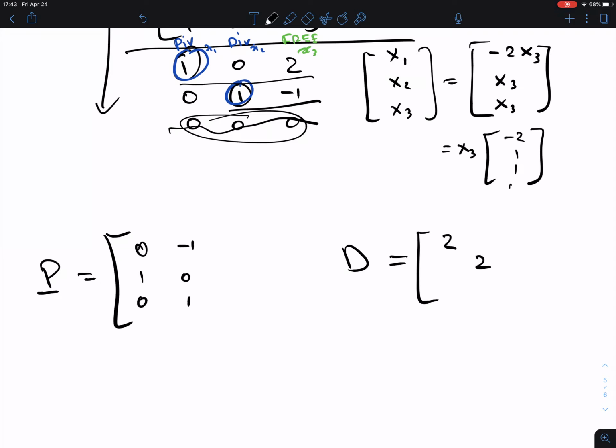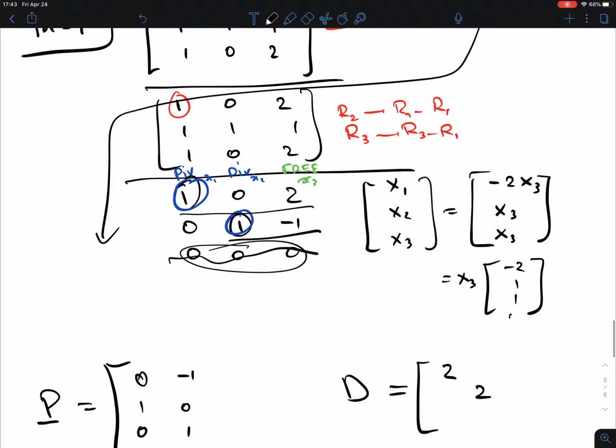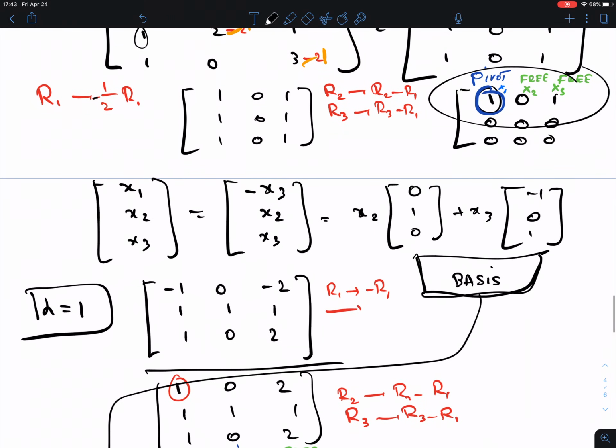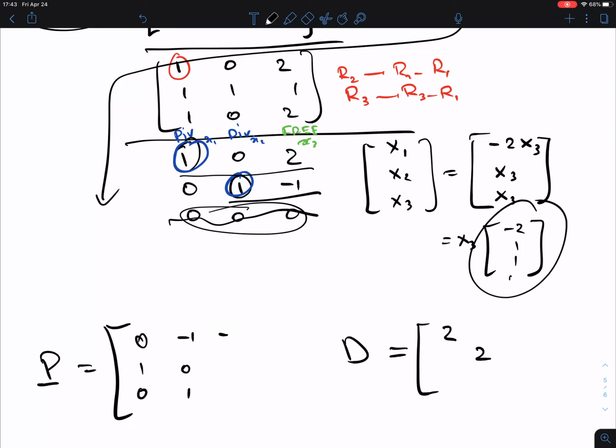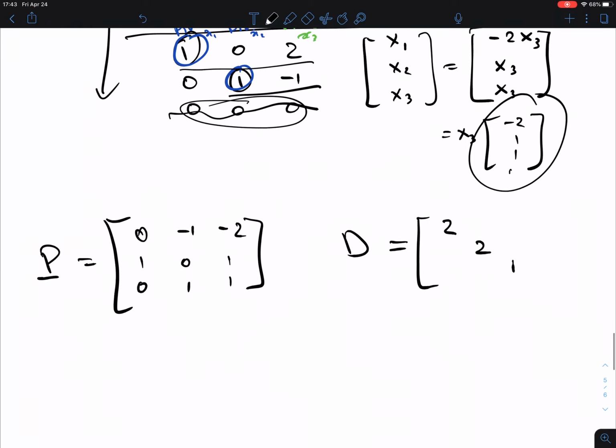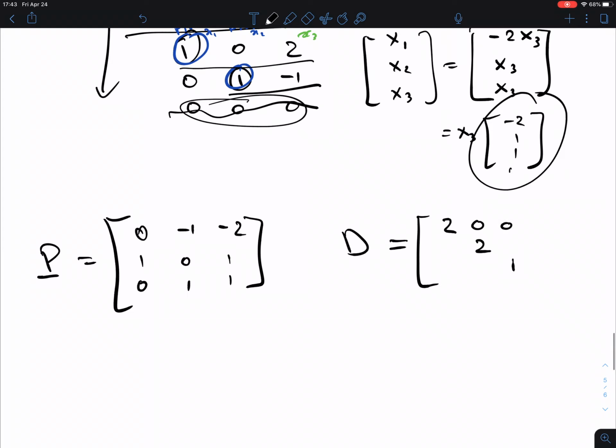So on the diagonal, for this one I get 2, and for this one I get 2, right? That's why we have twice 2 there. And then for lambda equals 1, the basis vector was this guy, so I put negative 2, 1, 1 in P, and a 1 here, because that was the eigenvalue. And the rest is all zeros, because this is a diagonal matrix. So this is P and this is D.